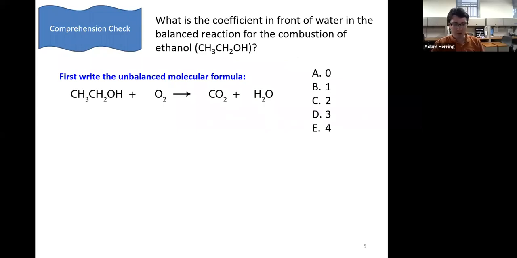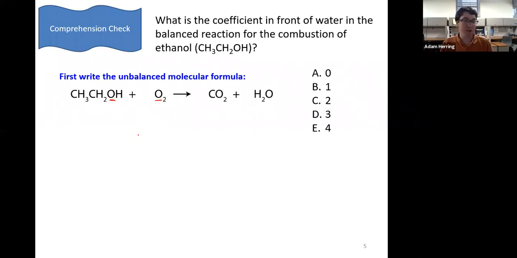Now, what we want to do is we want to balance each of the elements. When you're trying to determine which element to balance, the most important thing is that you pick an element starting in the reactant side that only shows up once on the reactant side. So you'll notice here that oxygen shows up as a reactant in two different molecules.